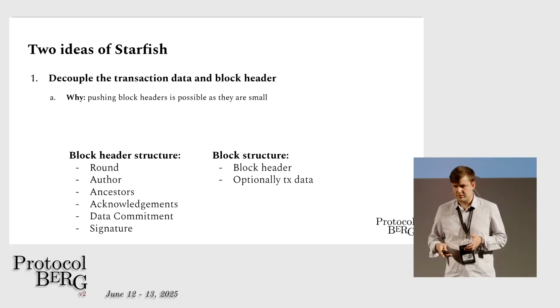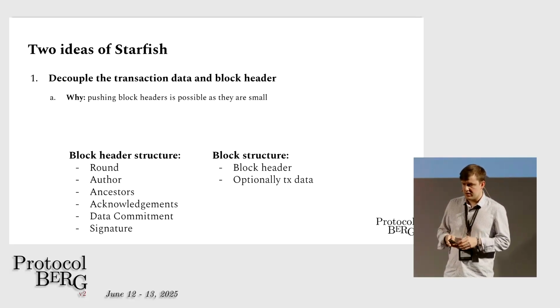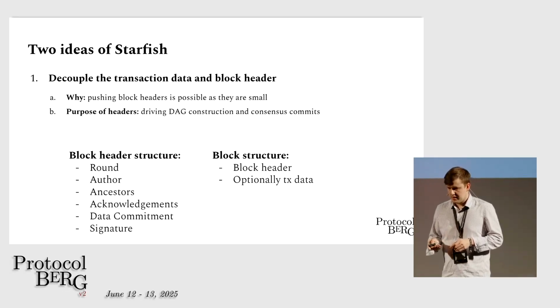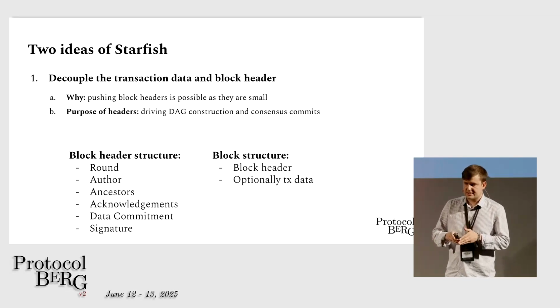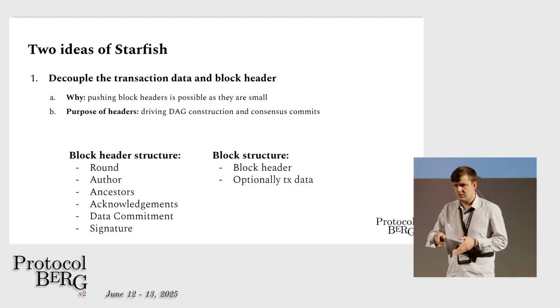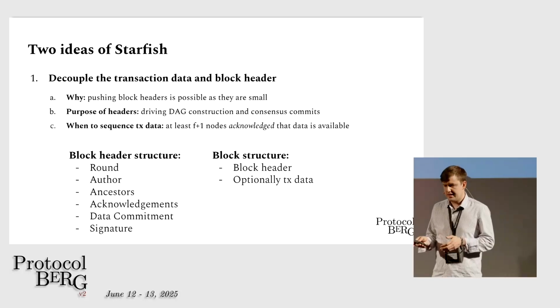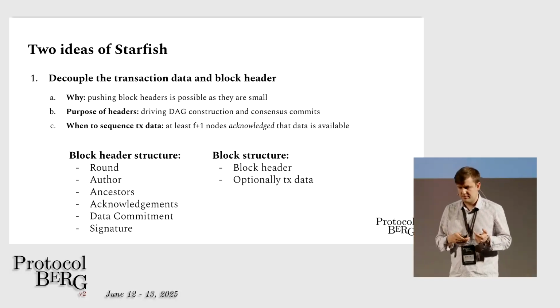They are not of great size, probably about 3 kilobytes or something. And the headers are sufficient to drive the consensus. It's sufficient to continue progress of the DAG, to sequence blocks, sequence transactions. And if we don't have some data, then we can pull it.